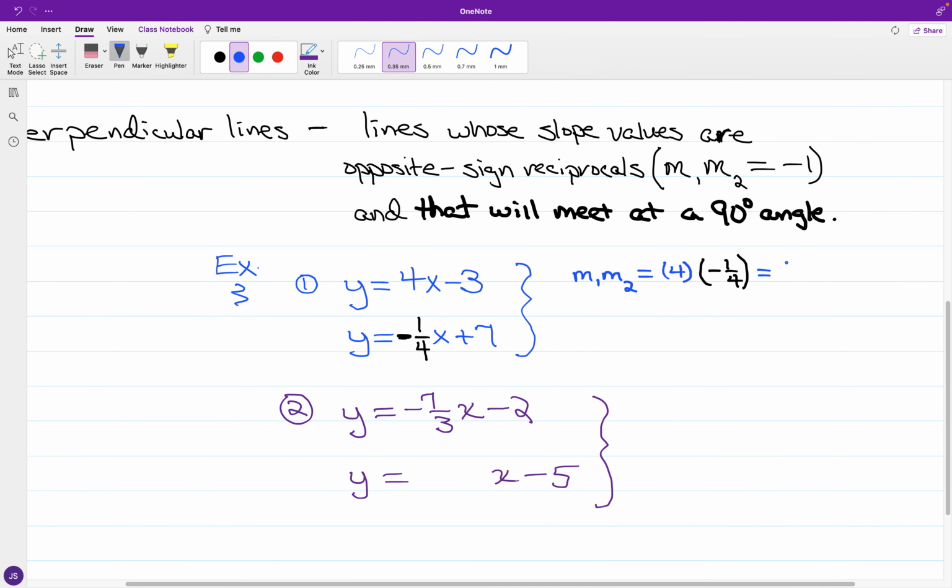A positive times a negative is a negative, so you have negative 4/4. And again, the product reduces to -1. So the product of the slopes is -1, and so we can say that these lines are perpendicular.